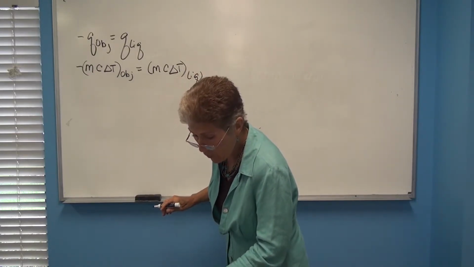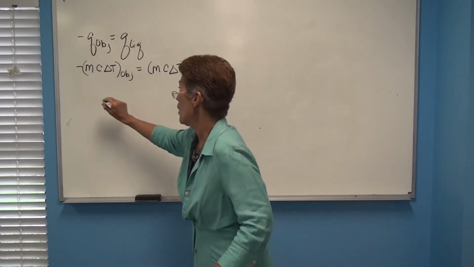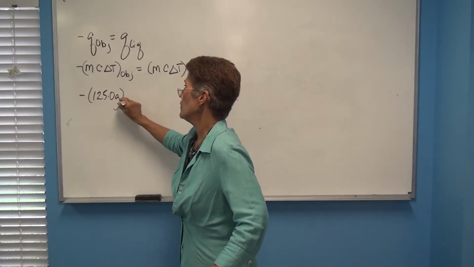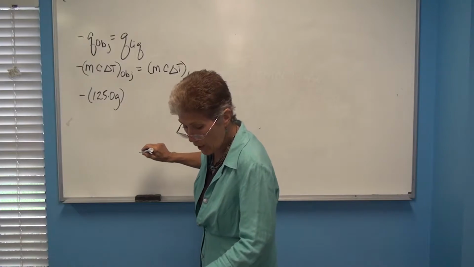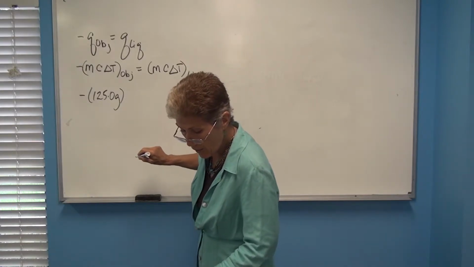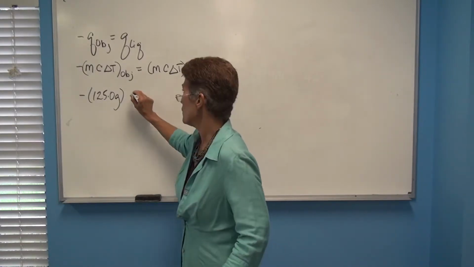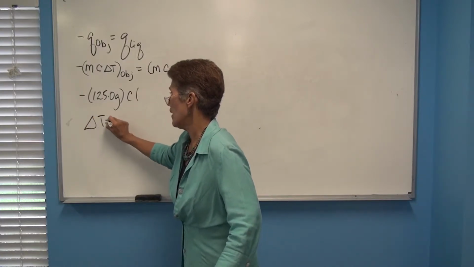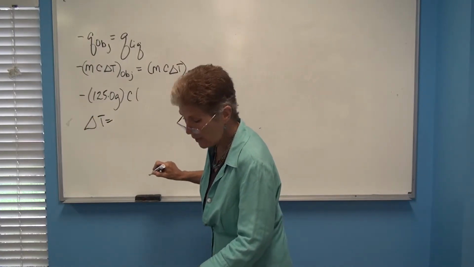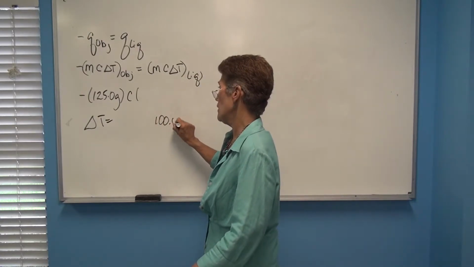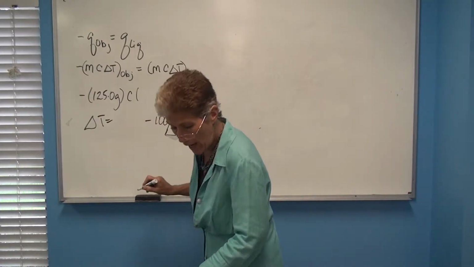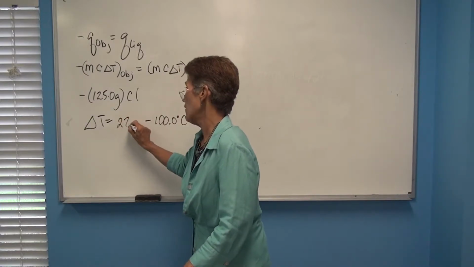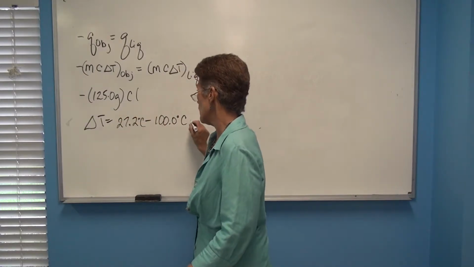Let's see. We have negative 125.0 gram sample of the metal. We are looking for the specific heat of the metal. And now the temperature change of the metal: we're told that the metal is heated to 100 degrees Celsius, and the final temperature of the whole thing is 27.2 degrees Celsius.